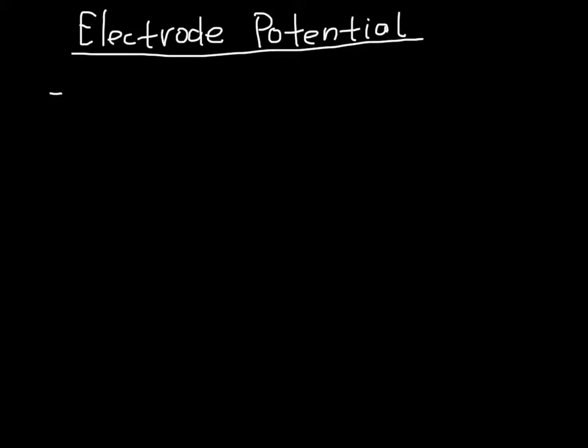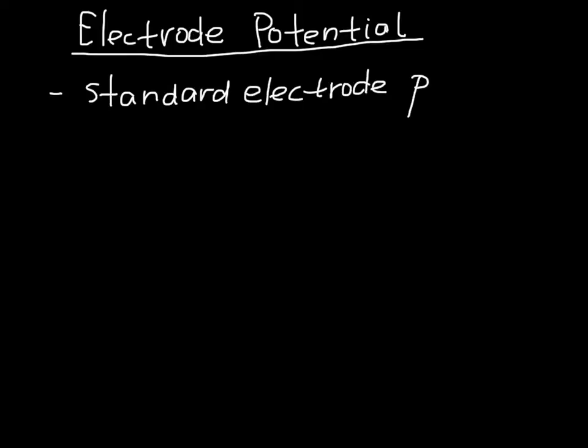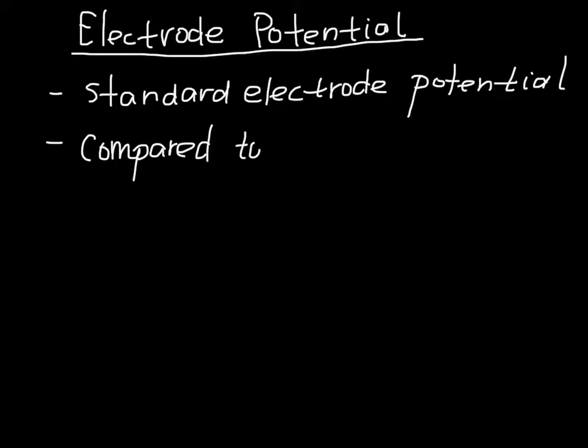Any particular half reaction has its own unique standard electrode potential. But this is not something that we can measure directly, and so instead we measure them compared to some reference electrode, and generally the tabulated values are measured compared to the standard hydrogen electrode.